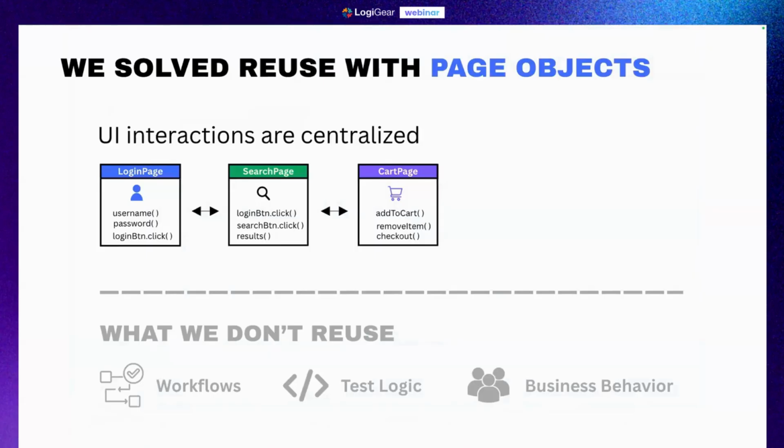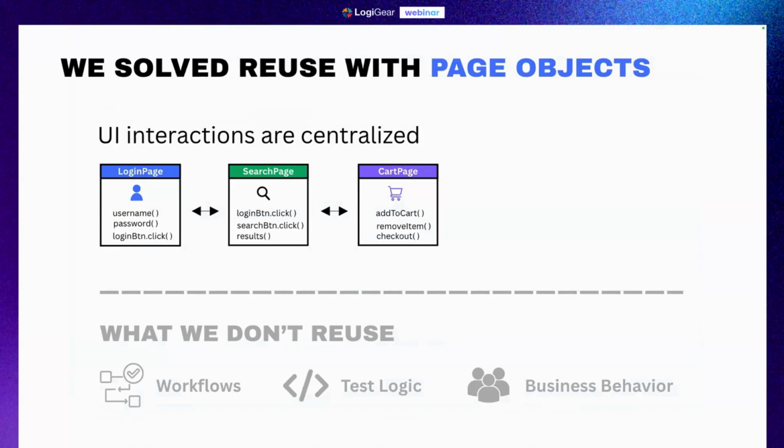When we go out and speak with customers, we see that most of them are using page objects, and page objects is definitely the solution at the UI level because it helps teams centralize UI interactions and reuse them.